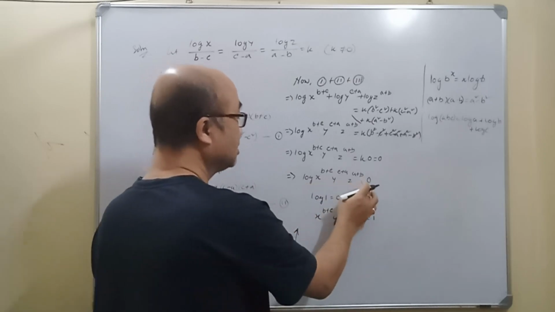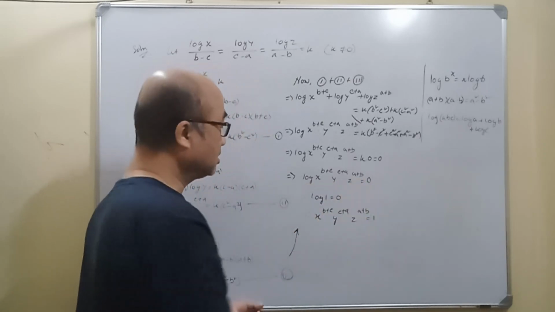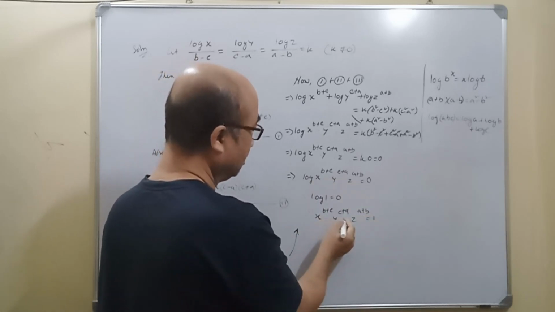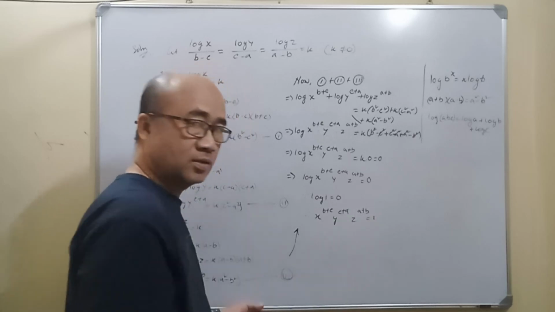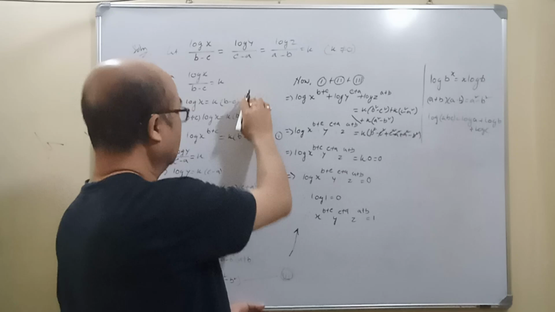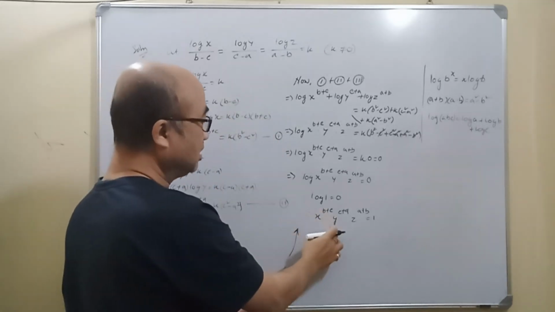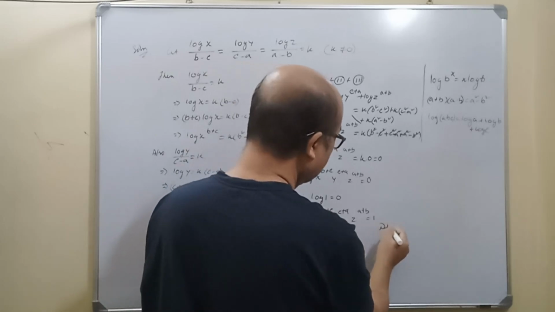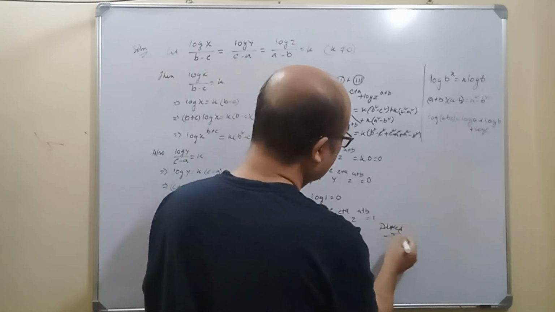Log of 1 is 0 always, hence this entity must be equal to 1. So it is proved that x to the power b plus c, y to the power c plus a, z to the power a plus b is equal to 1. This is proved.